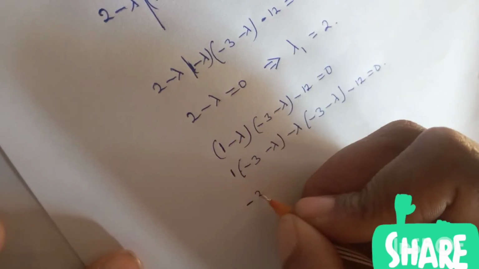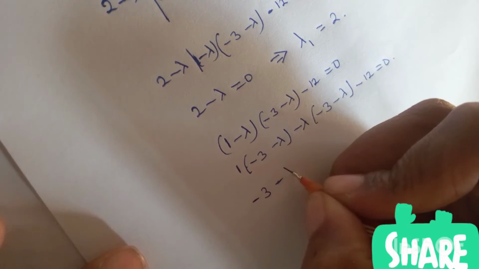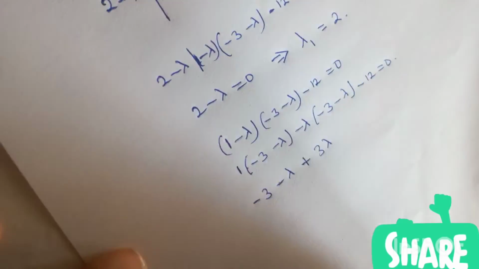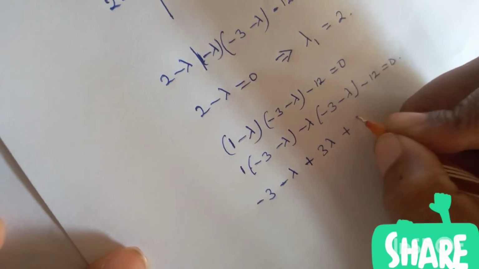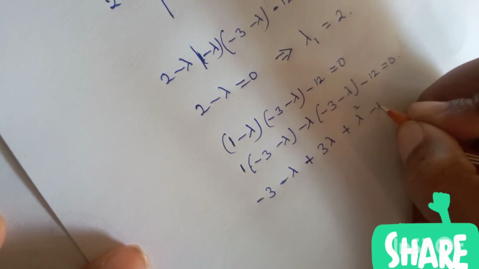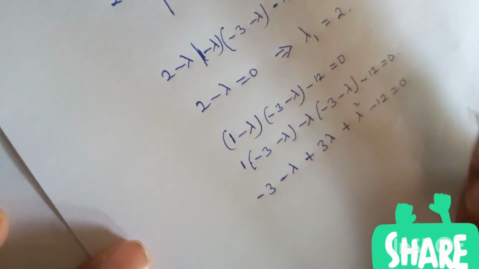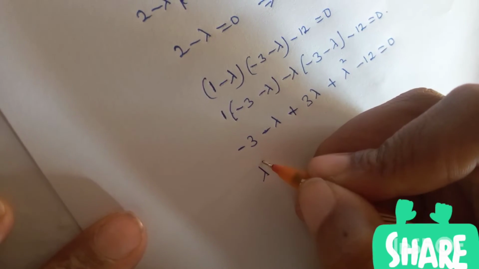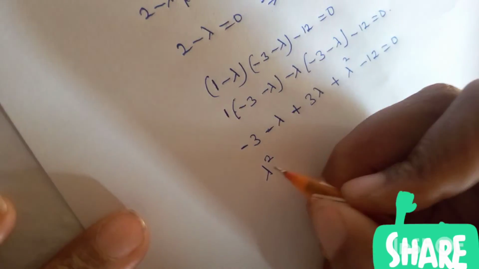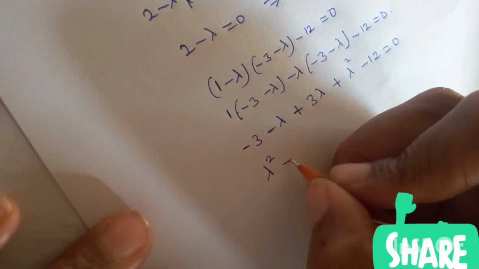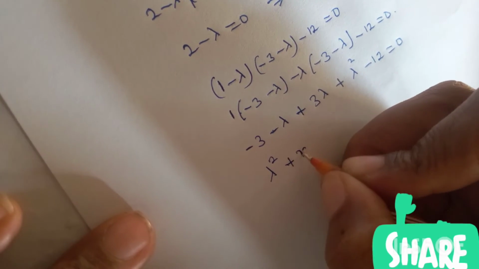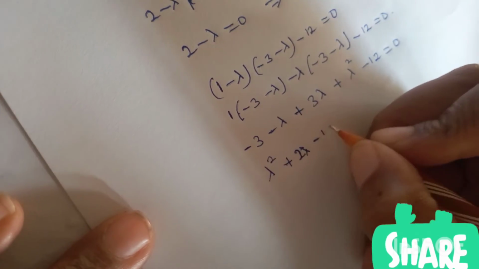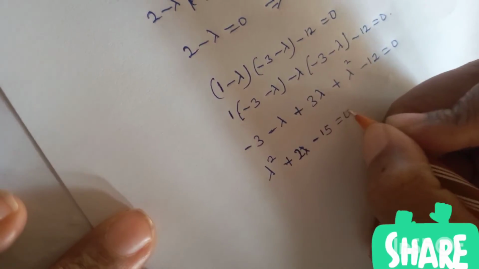So you have minus 3 minus alpha plus 3 alpha plus alpha squared minus 12 equals 0. So we have a quadratic equation, which is alpha squared plus 2 alpha minus 15 equals 0.